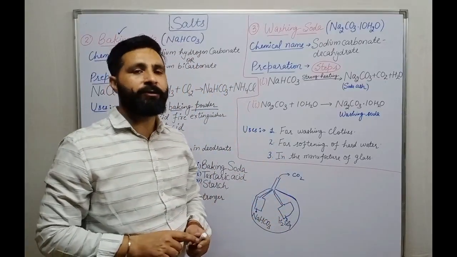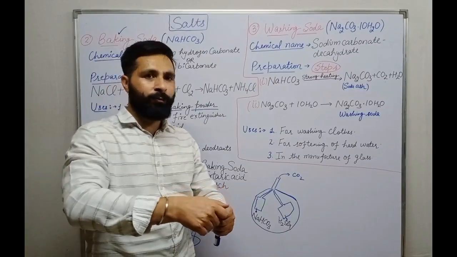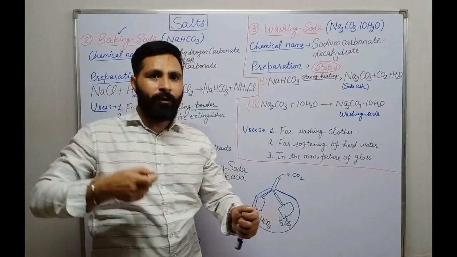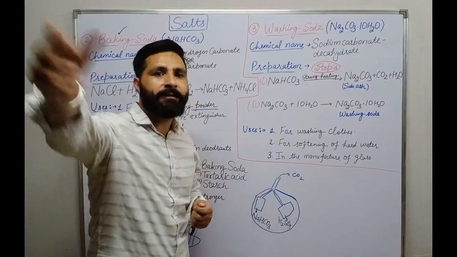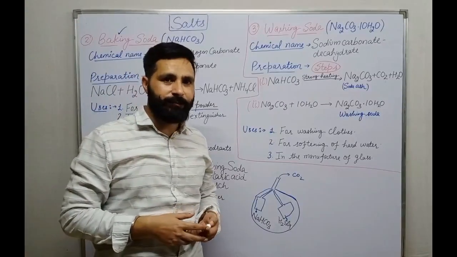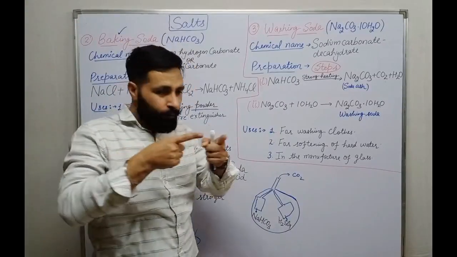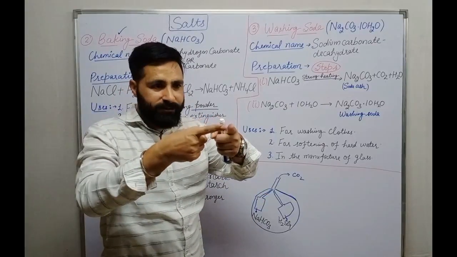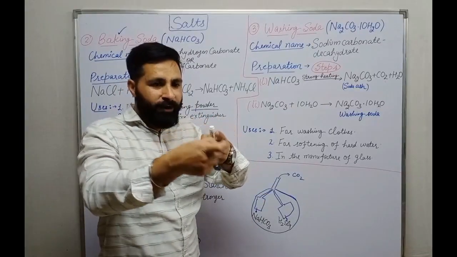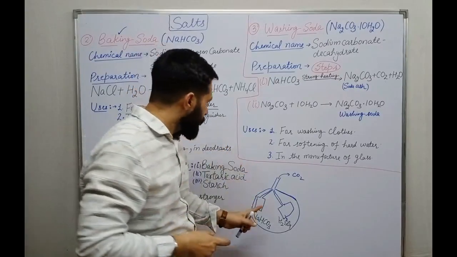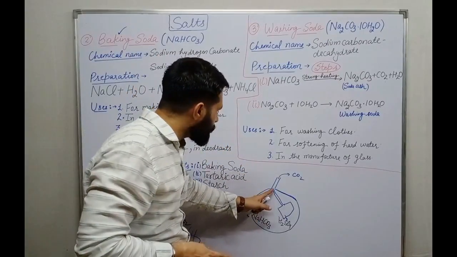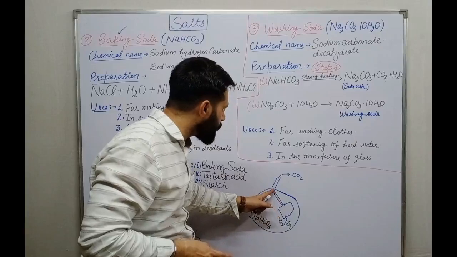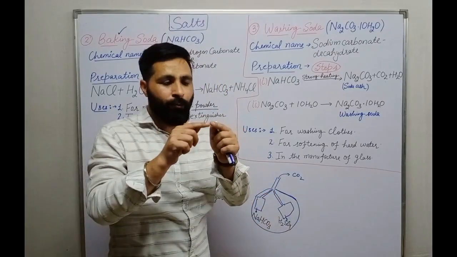Like in a fire extinguisher, you have seen that when you take out the pin, only one hole is there from where the gas releases. So both the pipes are pointing towards that common exit. When we take out the pin, baking soda from this side comes out, and sulfuric acid from here comes out at the common point.